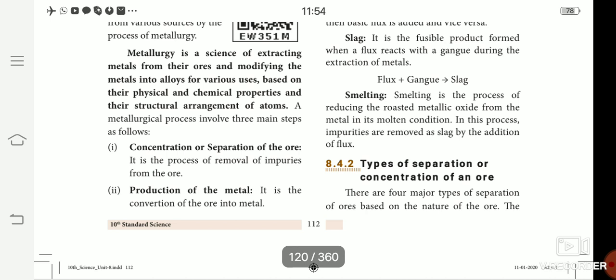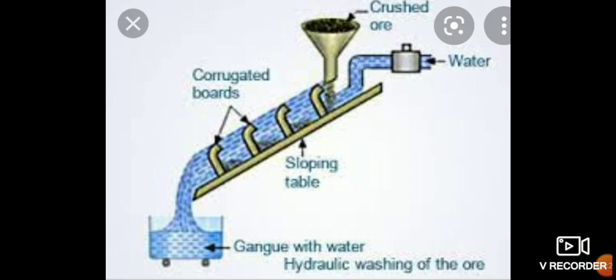The first one is the hydraulic wash or gravity separation method. The ore is made into a fine powder. It is dropped onto a sloped surface.